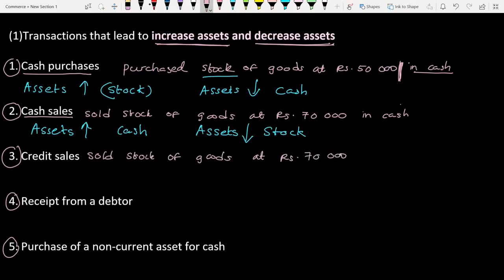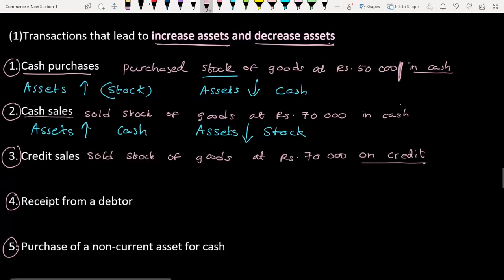Now you have to have these two words, on credit. Because in the absence of these two words, the rest of the transaction will imply that this is a cash transaction. So make sure to use these two words, on credit.